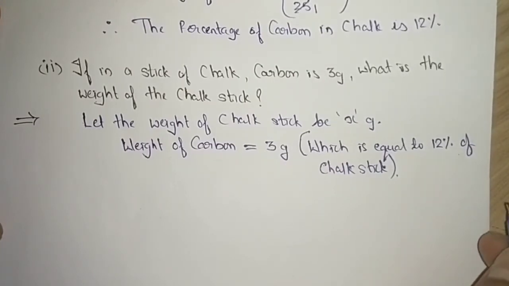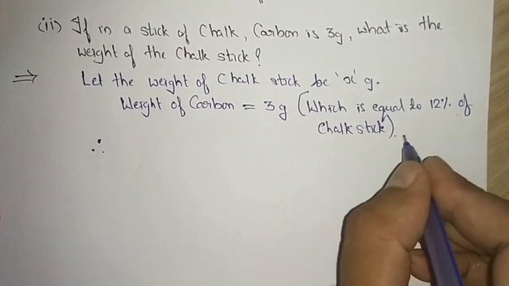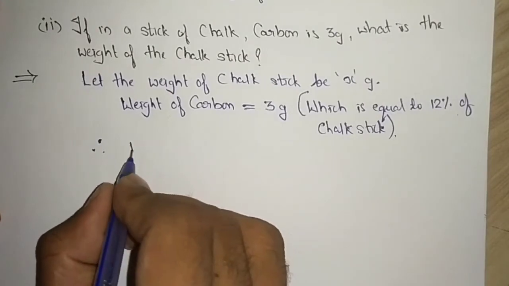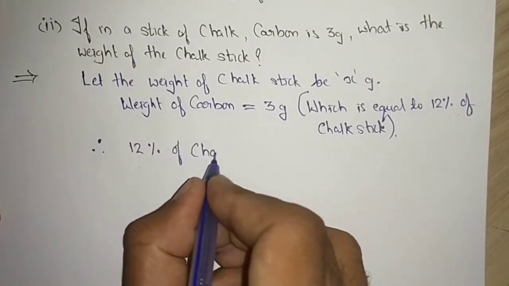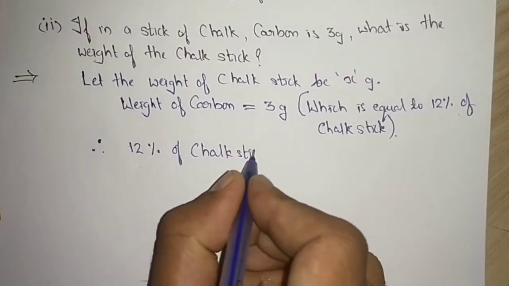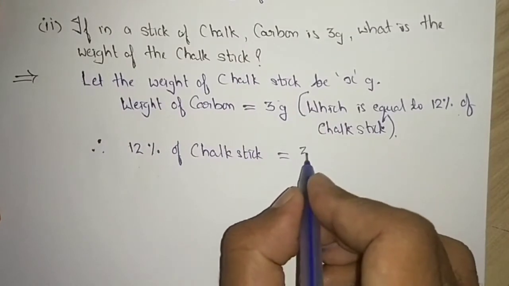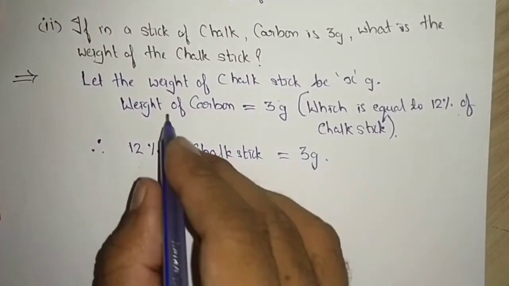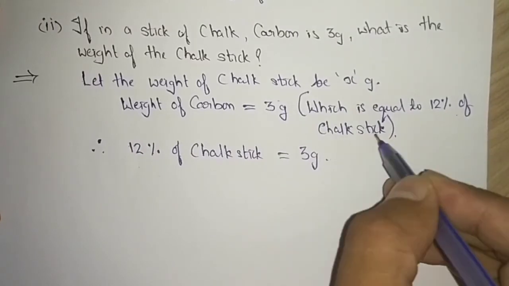So if I take this equation, can I write 12% of chalk stick is equal to 3 gram? Because the weight of carbon is 3 gram, and that 3 gram is equal to 12% of the chalk stick.